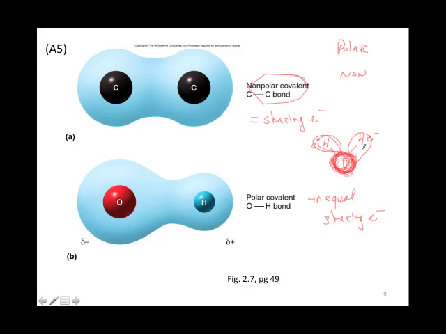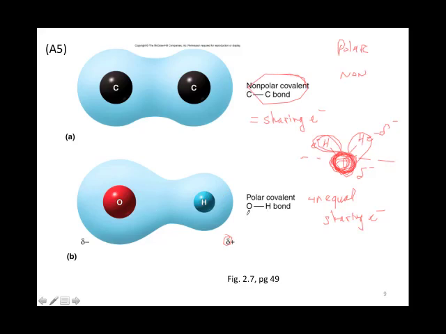As a result, the location of the molecule where the electrons are spending more time ends up with a slightly negative charge. The area where the electrons are not spending as much time ends up with a slightly positive charge. And that's what this little Greek letter, I believe a Greek delta, represents: this has a slight negative charge, this has a slight positive charge.